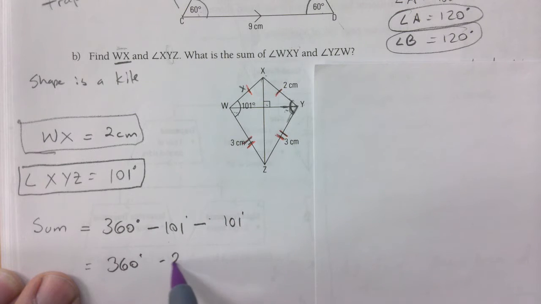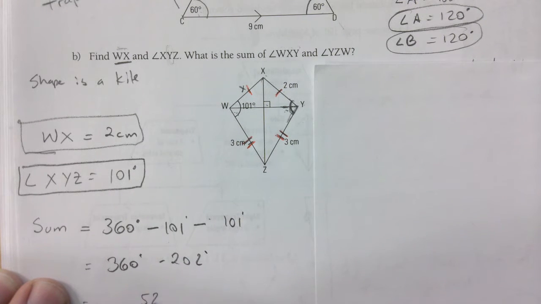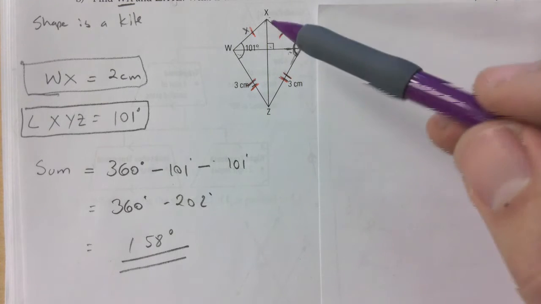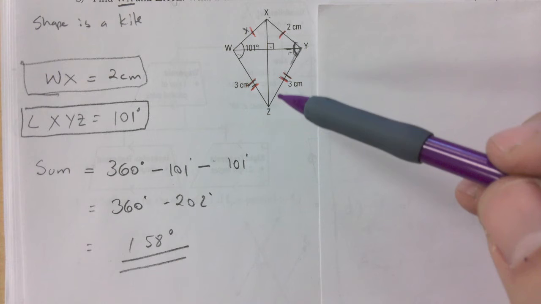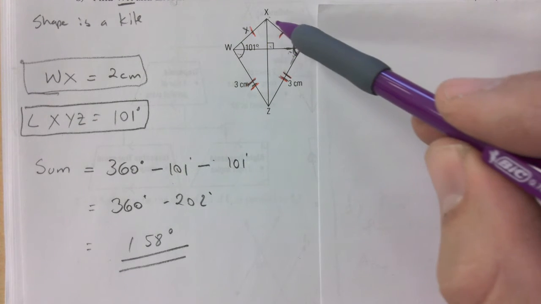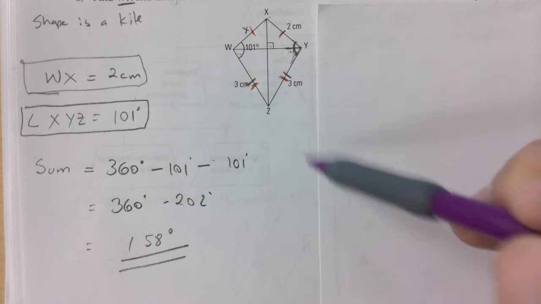So it's 360 minus 202, which is 158 degrees. That is the sum of the two ends, basically the top and the bottom, because we've taken away the two that we know, so these two should add up to 158.